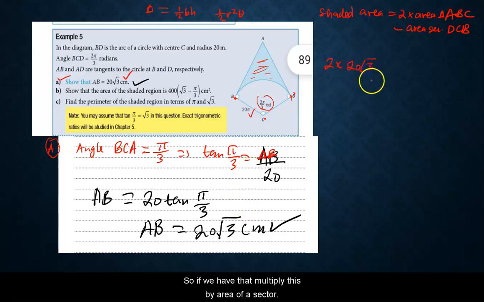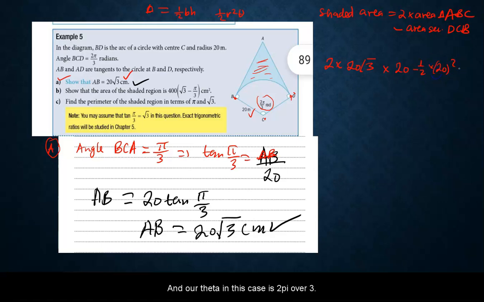Then multiply this by the area of a sector. So we are going to multiply by 20 again, minus a half. Now r squared in this case is 20 squared, times theta, and our theta in this case is 2 pi over 3. Now we can simplify this.